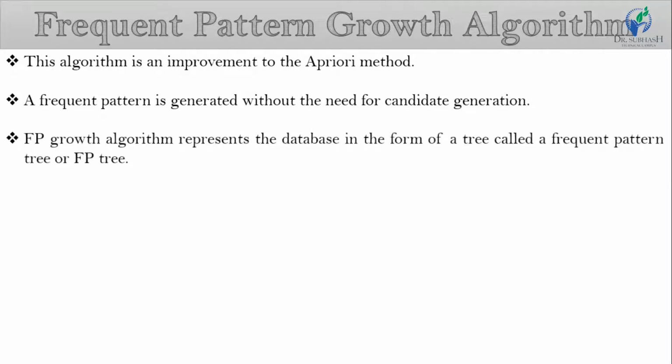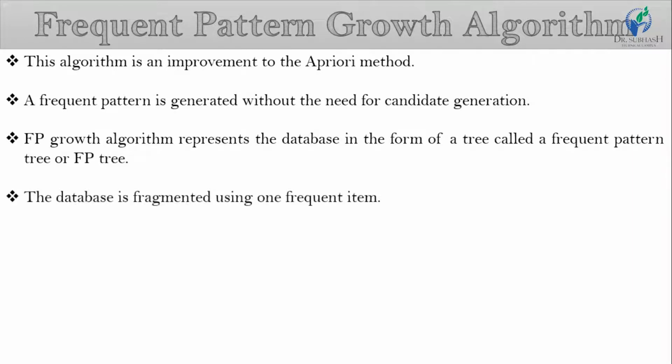FP growth algorithm represents the database in the form of a tree, so that's called a frequent pattern tree, or FP tree. This tree structure will maintain the association between the item sets.